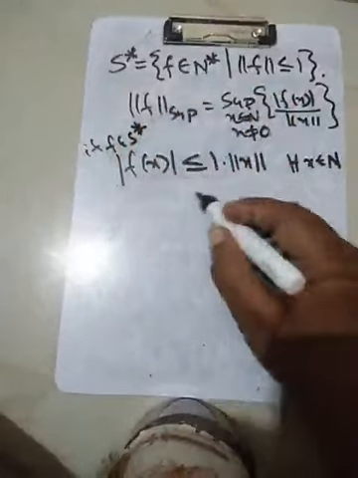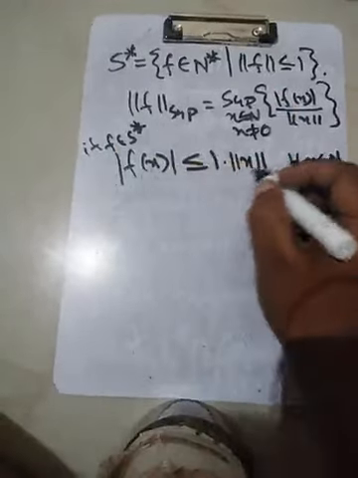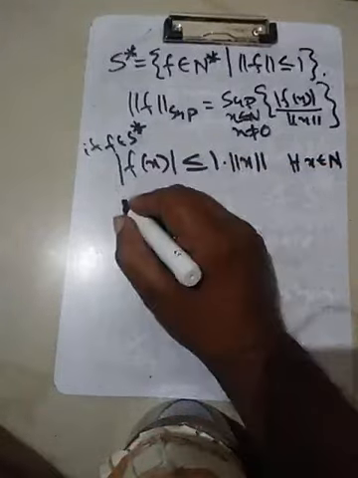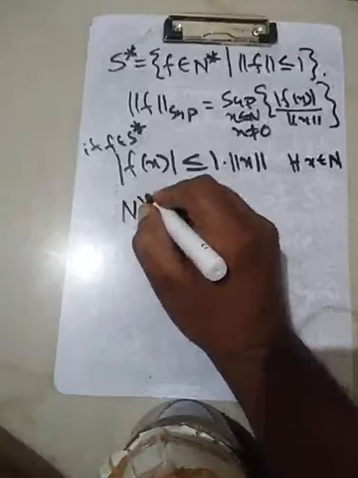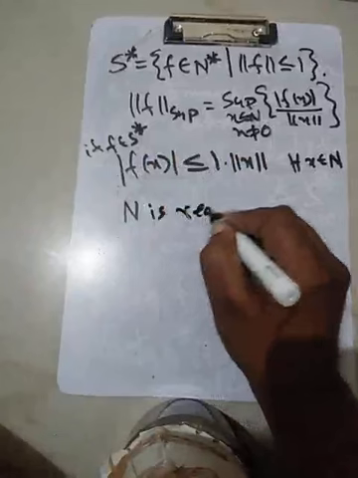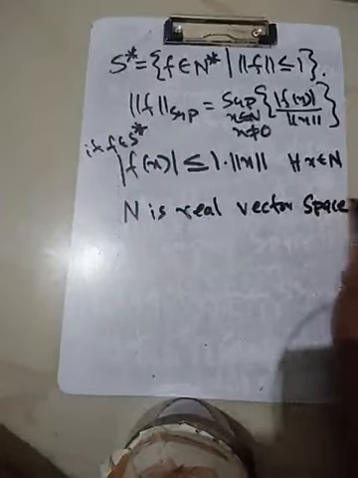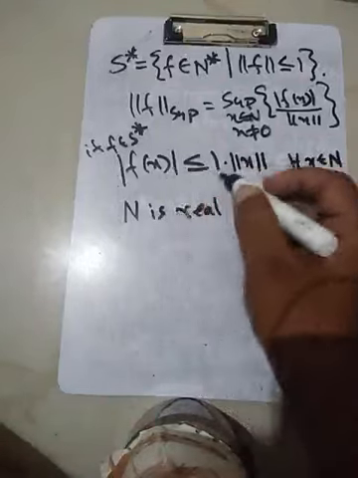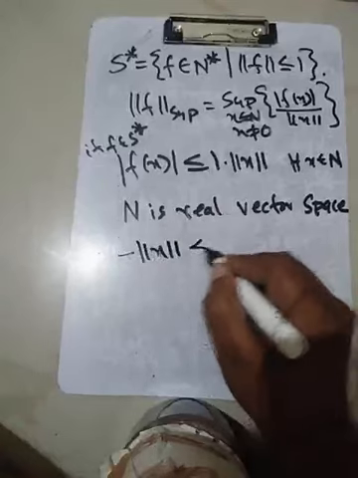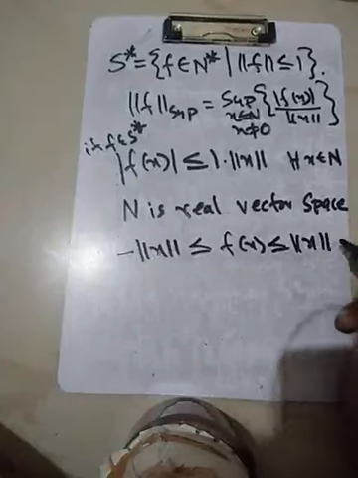So the point is that if N is a real vector space, then it's just the absolute value. So minus norm of x is less than or equal to f of x is less than or equal to norm of x.